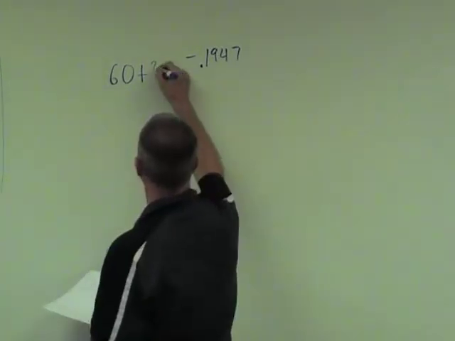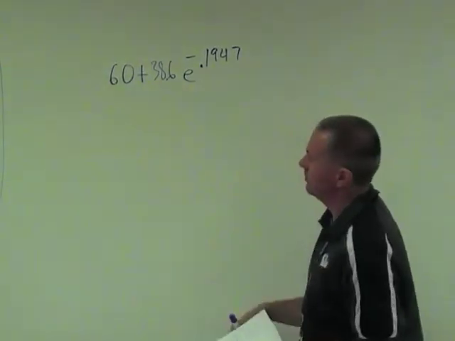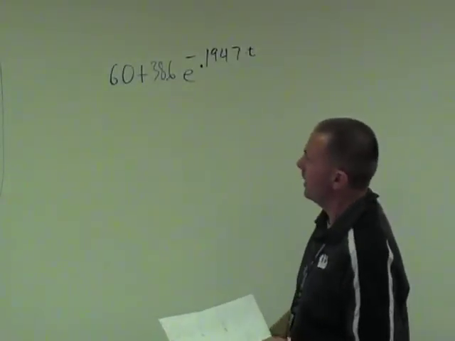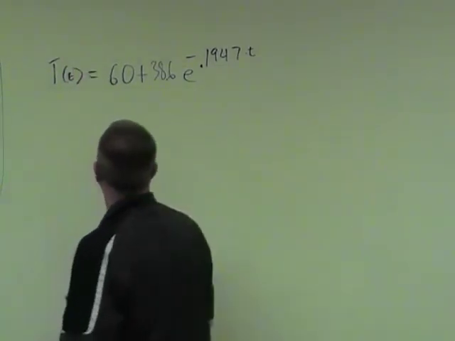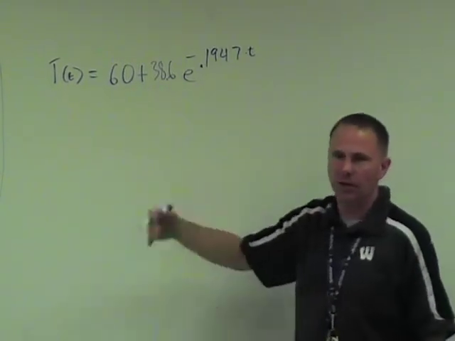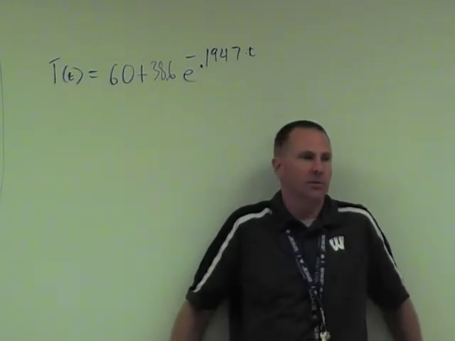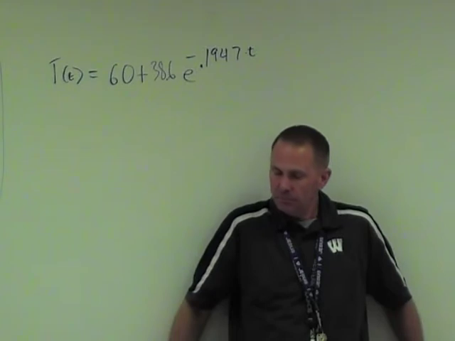That's the D of 0, times e raised to the negative positive constant times time. So that is part A. Very simple: the surrounding temperature, plus the difference of what your temperature would have been before death, 98.6 minus the 60. So you can set up the problem.